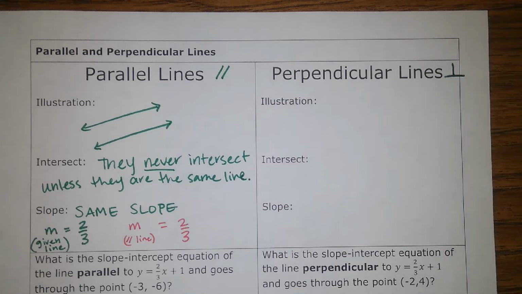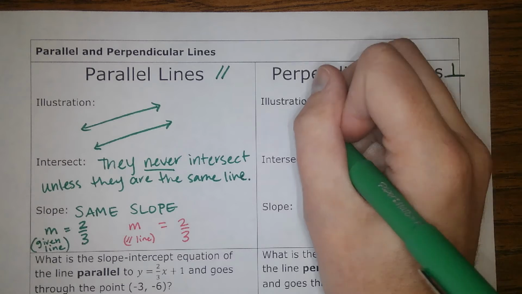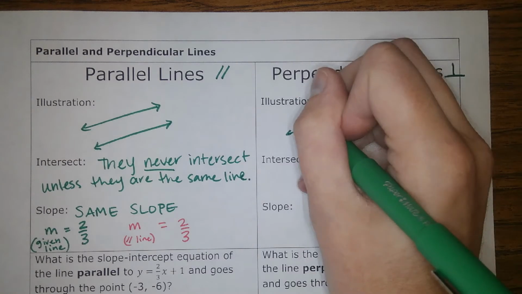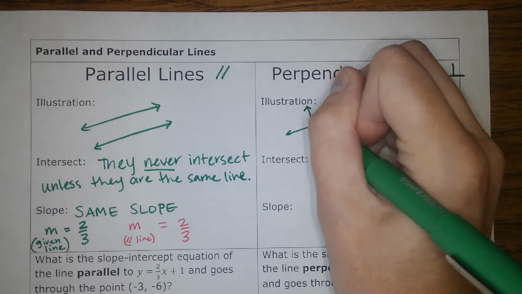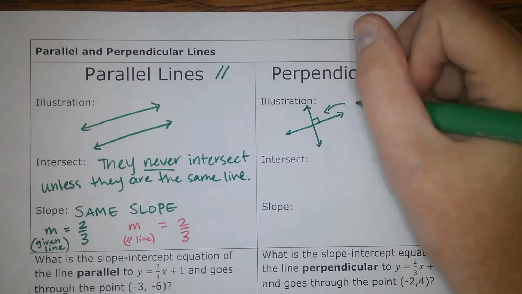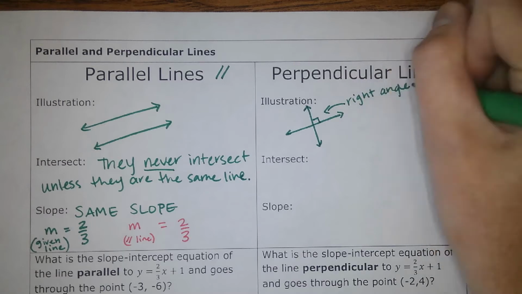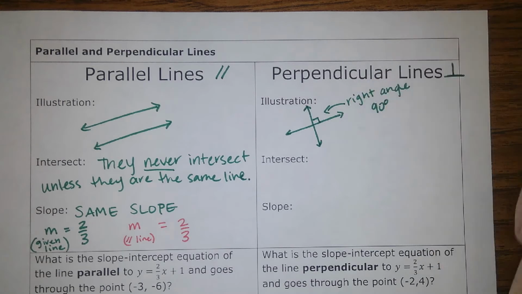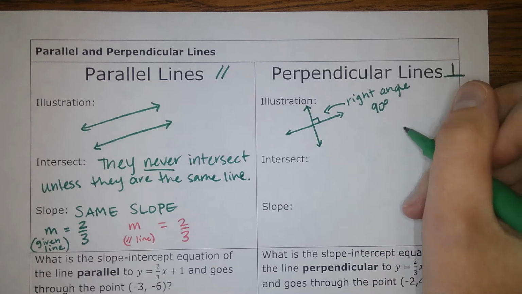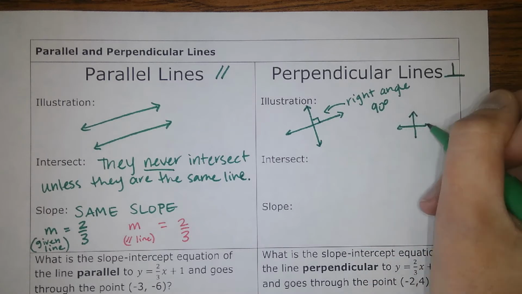All right, now when it comes to perpendicular lines, the symbol for that is this little kind of upside down T. And that is because perpendicular lines, and you can illustrate this several ways, they do intersect, but they intersect in a special way. They intersect where they form a right angle, which is also 90 degrees. Now, we could draw them like this. We could draw them like perfectly up and down, all right?